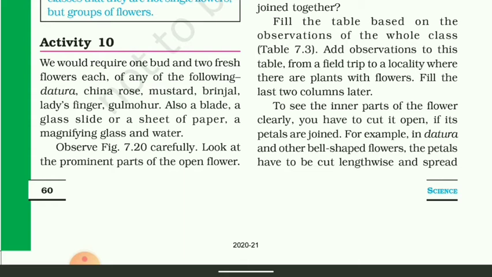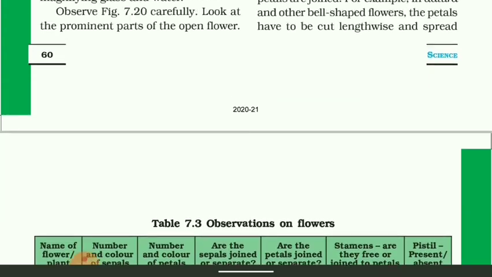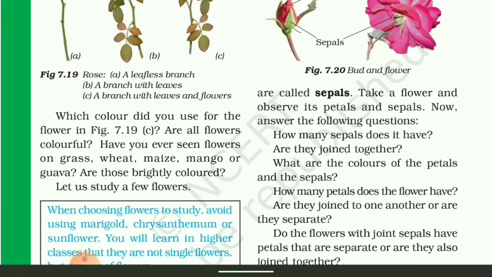Observe carefully, look at the prominent parts of the open flower, which are called sepals. Take a flower and observe its petals and sepals. Now answer the following questions.